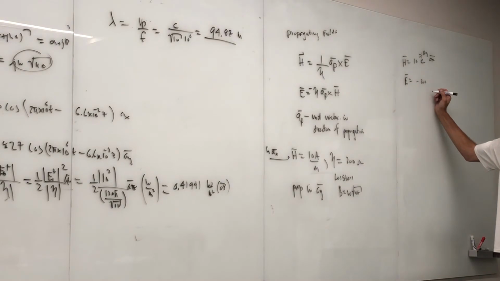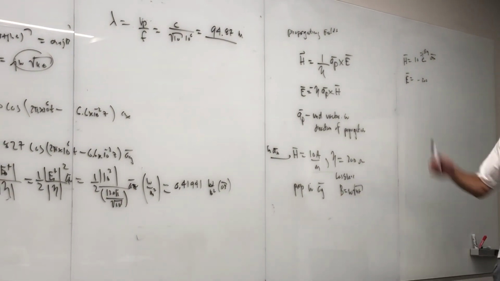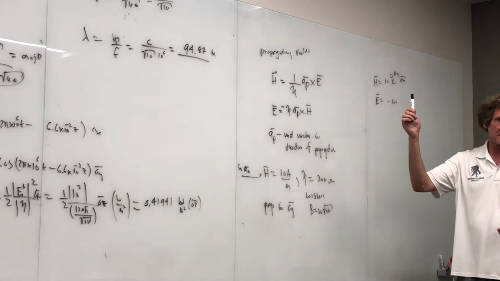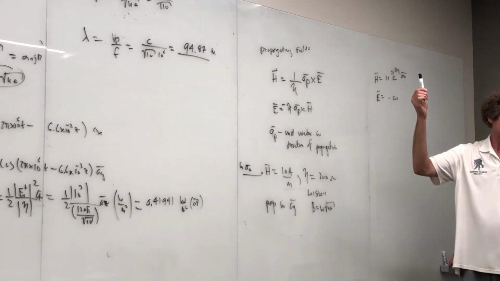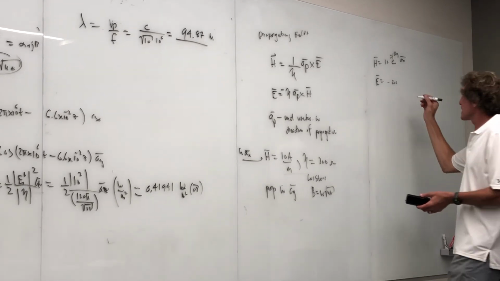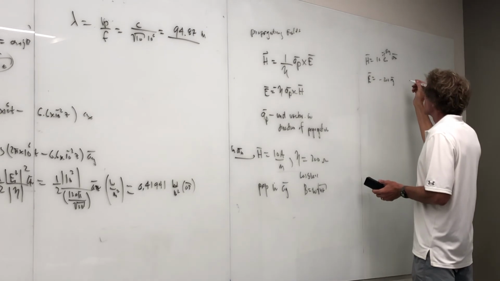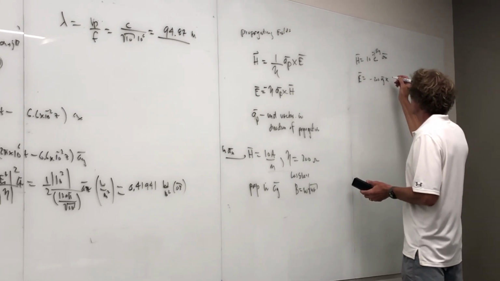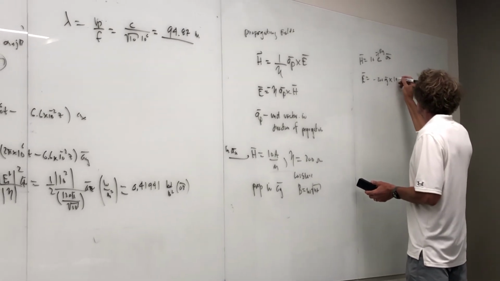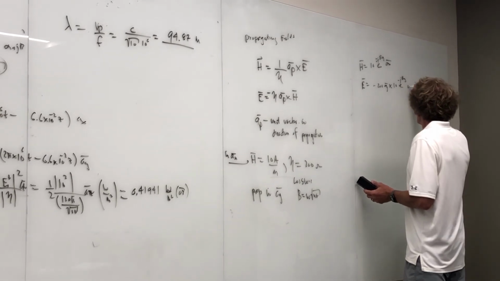Sorry, it's oriented in the x direction. The H field has the vector sense in the x direction, but it's propagating in y. Follow me? So it's times ay, right? Then it's crossed into the H field, which is 10 e to the minus j beta y ax.